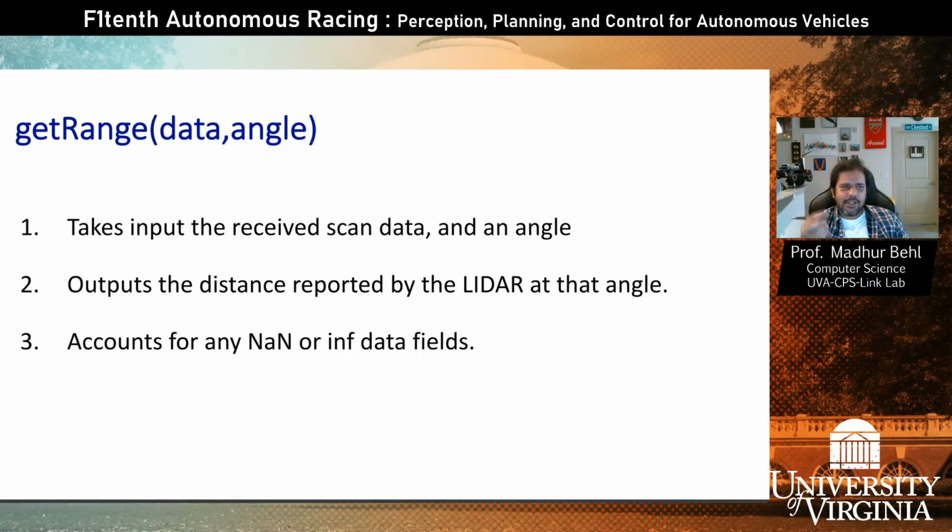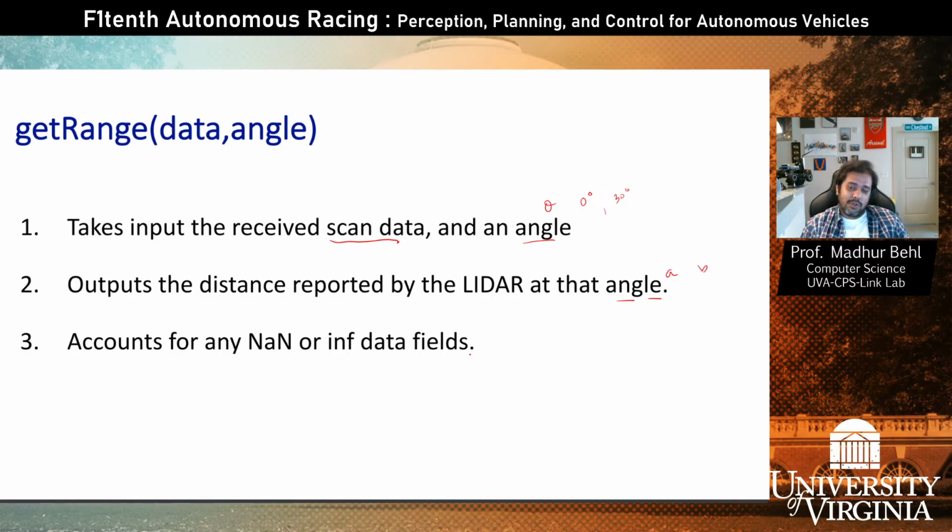So within getRange, the idea is that it takes as input the scan data, because this is part of the callback function. So you get scan data and you get some desired angle, which is the value of theta. And what it outputs is the distance reported by the LiDAR at that angle. So if you pass it 0 degrees in our figure, it would output A. If you pass it, let's say, 30 degrees or some other value, it outputs B. And I'm using A and B consistent with that figure.